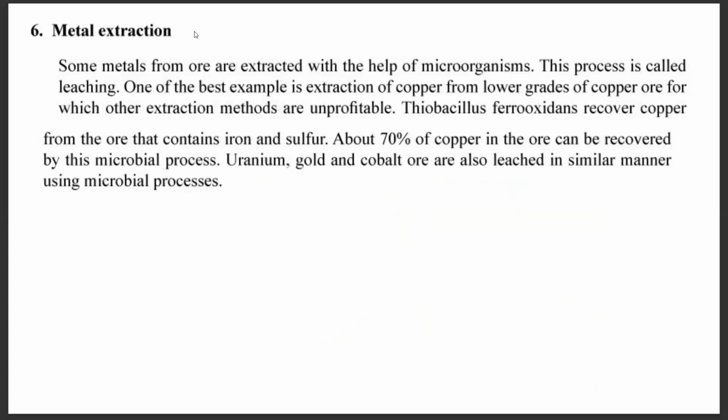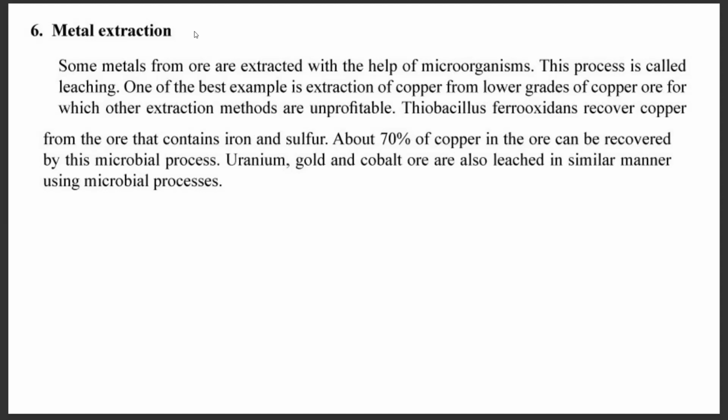Then metal extraction. Some metals from the ore are extracted with the help of microorganisms. What is the principle used here? Microbial metabolic processes. This process is called leaching. One of the best examples is extraction of copper from lower grades of copper ore, for which other extraction methods are unprofitable.